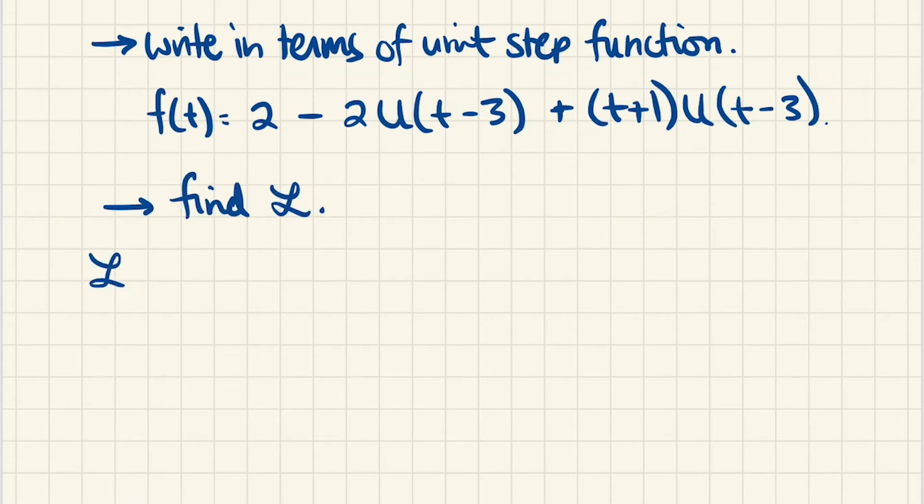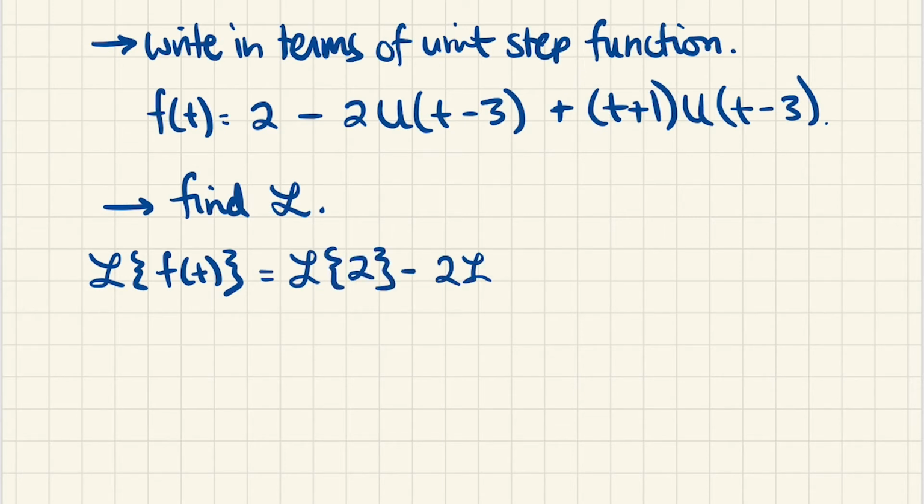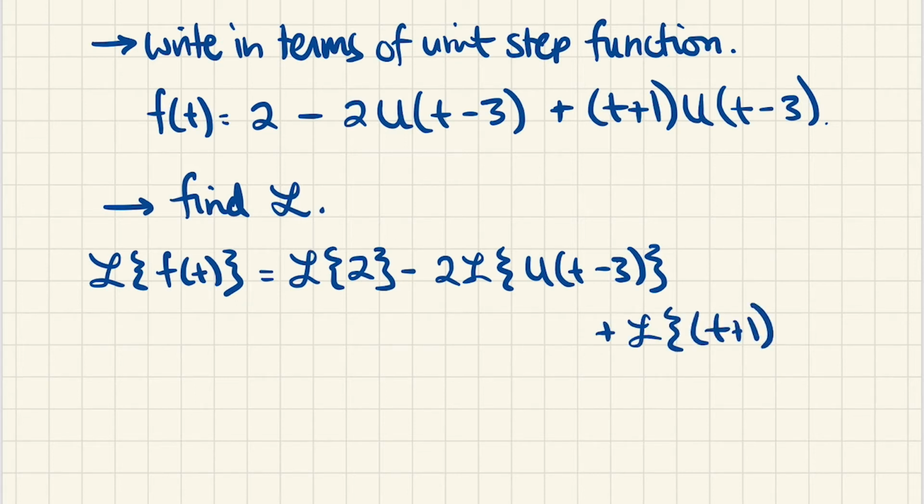So the Laplace transform of f of t is equal to, using linearity of course, the Laplace transform of 2 minus 2 times the Laplace transform of the unit step function plus the Laplace transform of t plus 1 times the unit step function t minus 3.